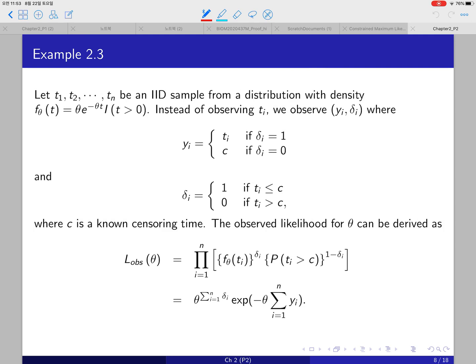So you can please work out for yourself and see whether you get the same answer. You observe y, so it should be y_i here. That's the answer. But other than that, the answer should be correct. So you can try for yourself, and we'll discuss in the live class.